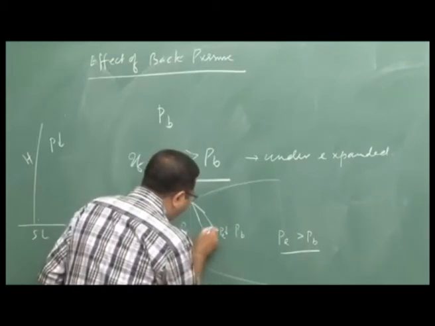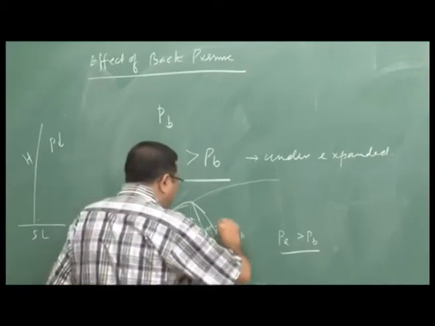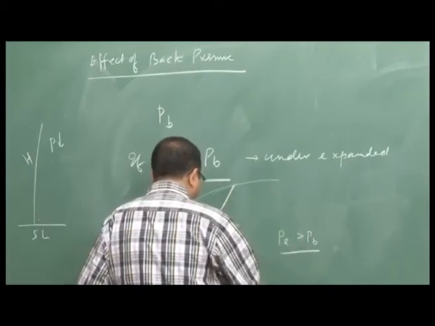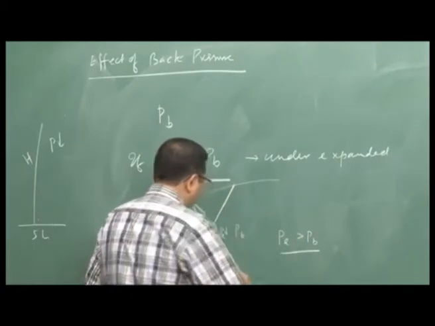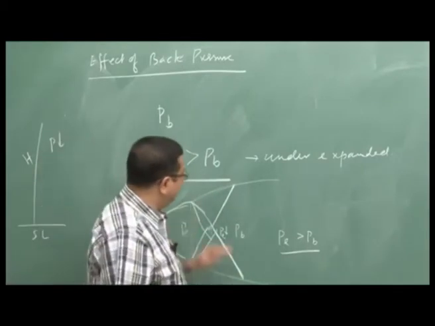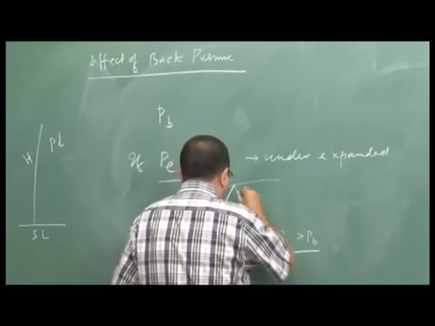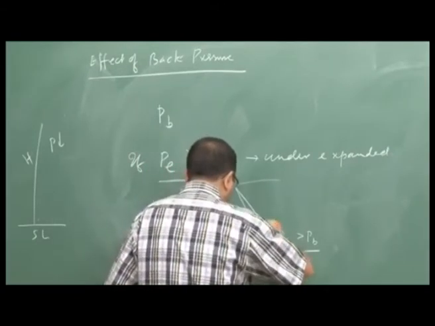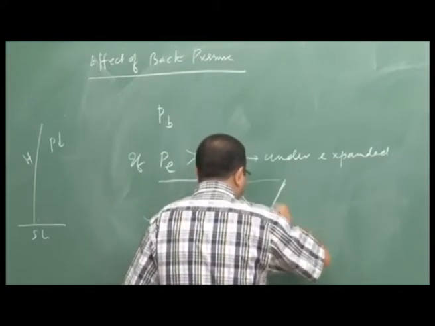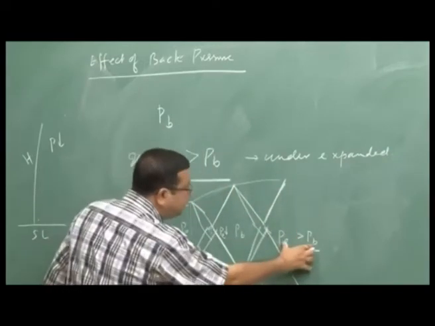But this expansion fan will cross each other and then they reflect back as a compression wave. There is going to be a compression wave. This compression wave then again reflects back from the edge as an expansion fan. Again a compression wave. Like this it continues as long as there is a pressure difference.